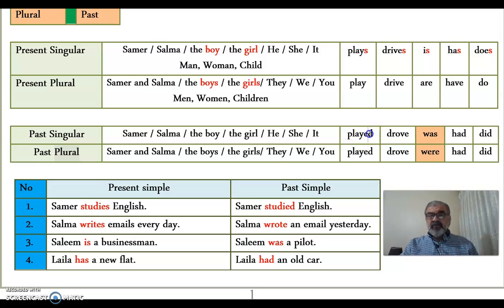Now, why are they past and not present? We said verbs that end with a D, like played here, or did, or had, all these verbs, regardless of whether they are main verbs or helping verbs, end with a D or start with a W. In this case, we refer to the past.